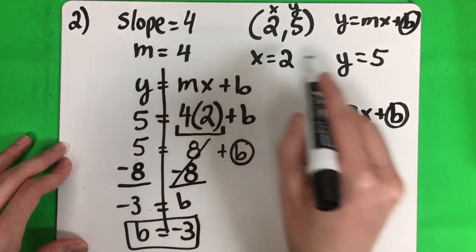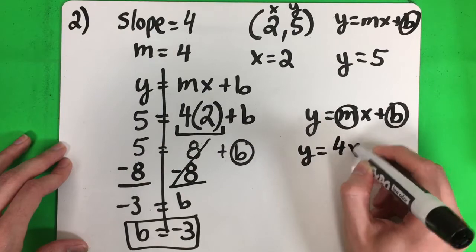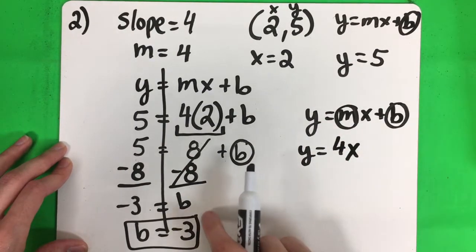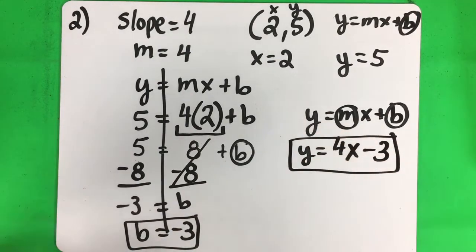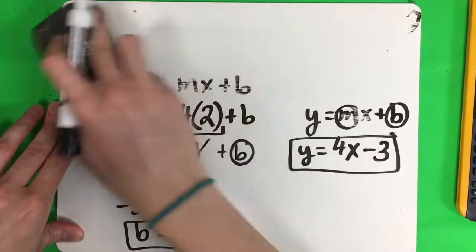The number for m, el número por m is 4. X. And then b is -3, minus 3. This is my final answer. There it is.